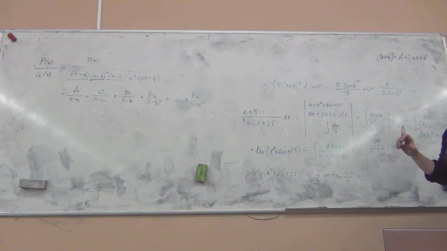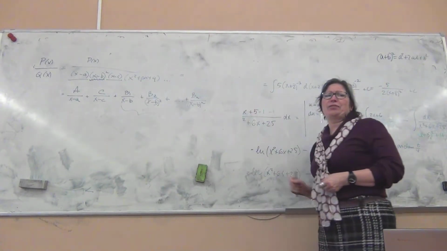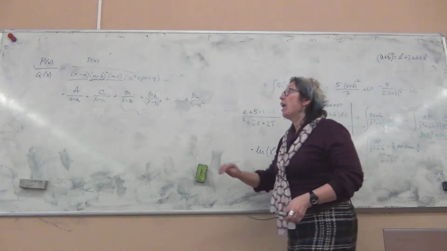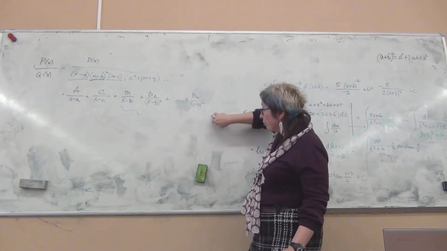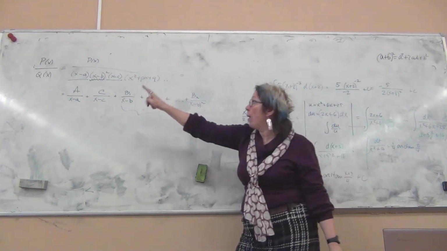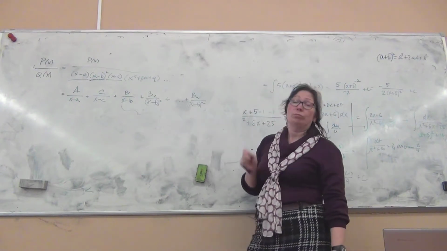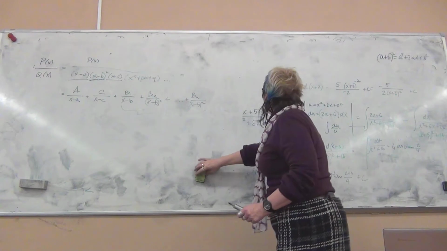And I'm not going to give you x minus 3 to the 5th power, so you won't have 5 of these. But if we have a multiple factor, it resolves into n type 1 and type 2 partial fractions. Sadly.